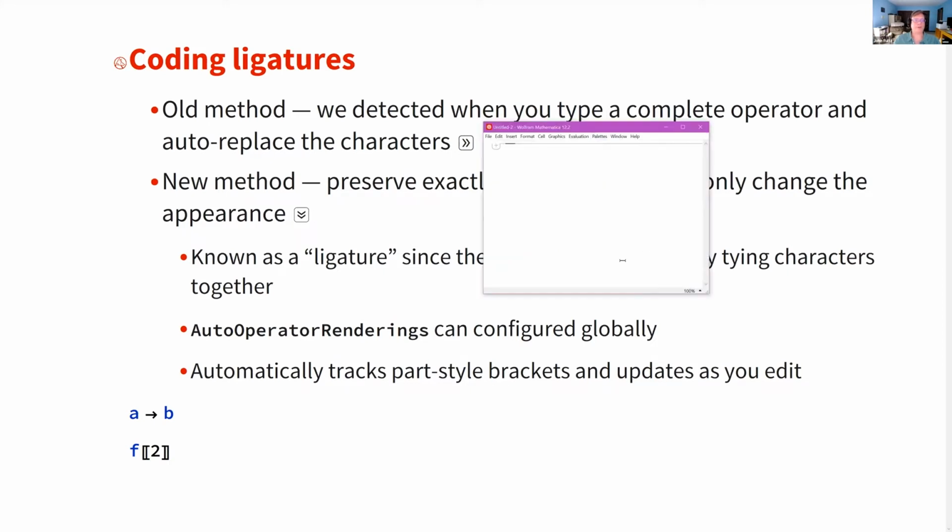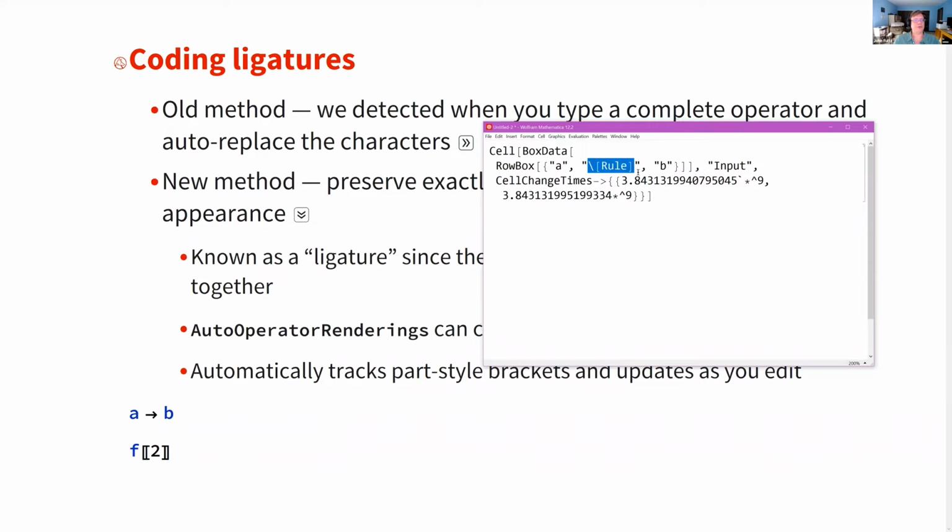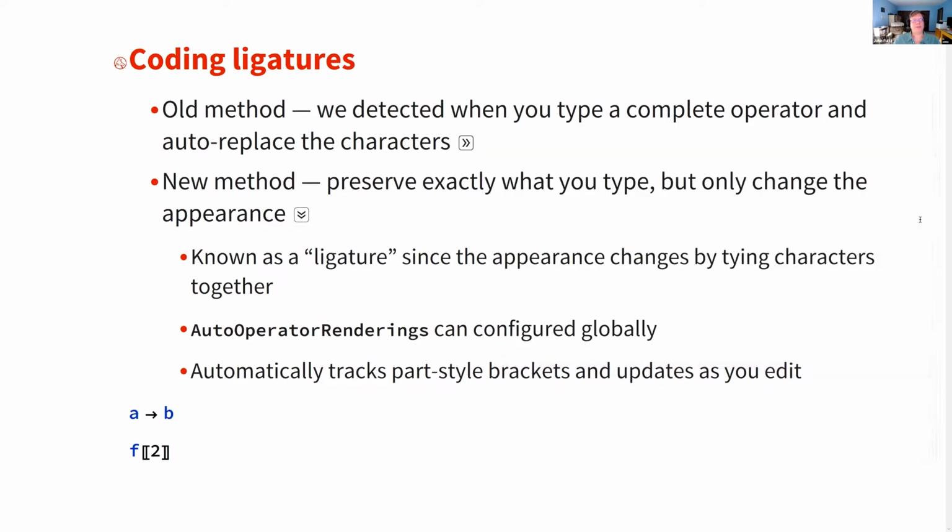In 12.2, if I do that, and then look at the underlying representation, I'm going to toggle show cell expression so we can see it. This actually got changed into a rule character. We've had that feature for many years, but it was limiting. There were some limits on it.